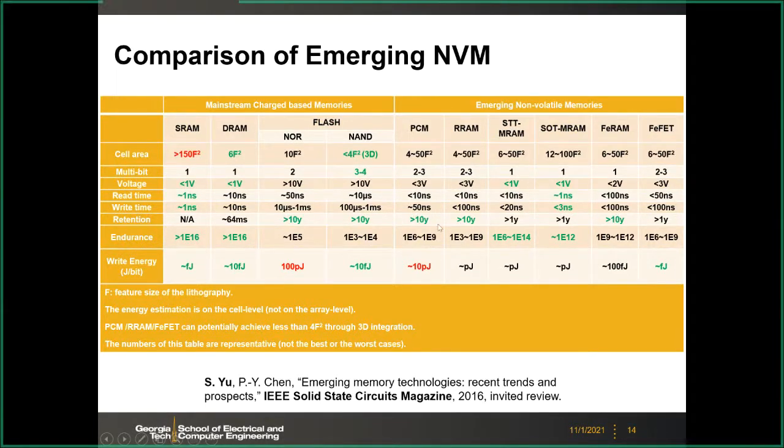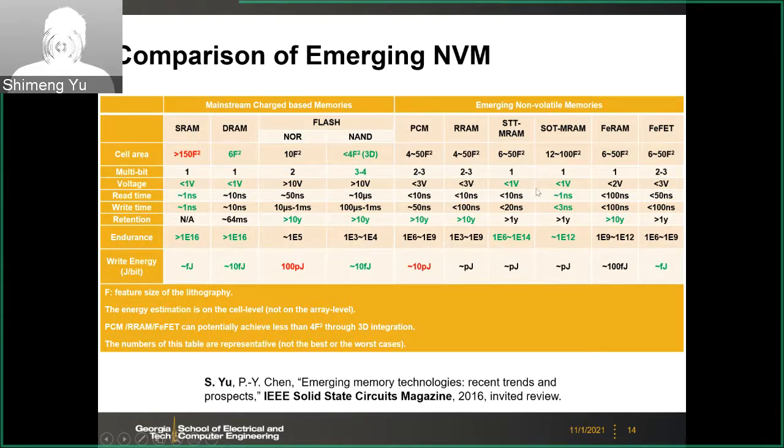So the read time of those emerging non-volatile memories is typically tens of nanoseconds. And the fastest is this SOT-MRAM, which can be almost 1 nanosecond. So only this one has the potential to reach the SRAM speed.